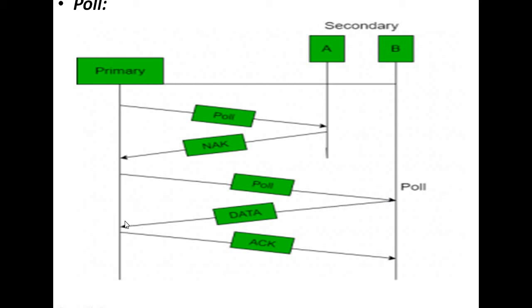After the data reaches the primary site, a positive acknowledgement is generated at the primary site and transmitted towards the secondary site B. By getting that positive acknowledgement, the secondary site B will confirm that whatever it sent towards the primary site, the complete message reached the destination end. So this is the working process of the pull command.